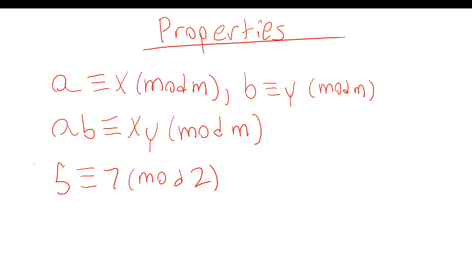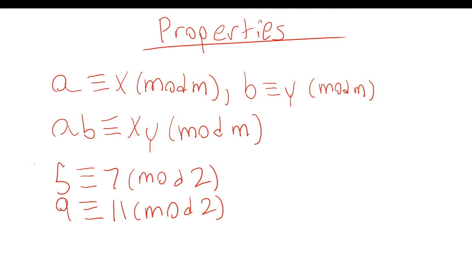We can also say that 9 is congruent to 11 in mod 2. We need the same modulus, so mod M stays the same; we've just replaced M with 2 here.